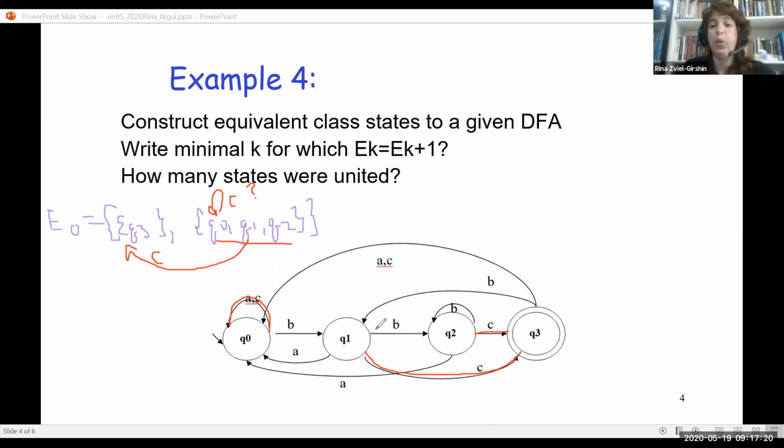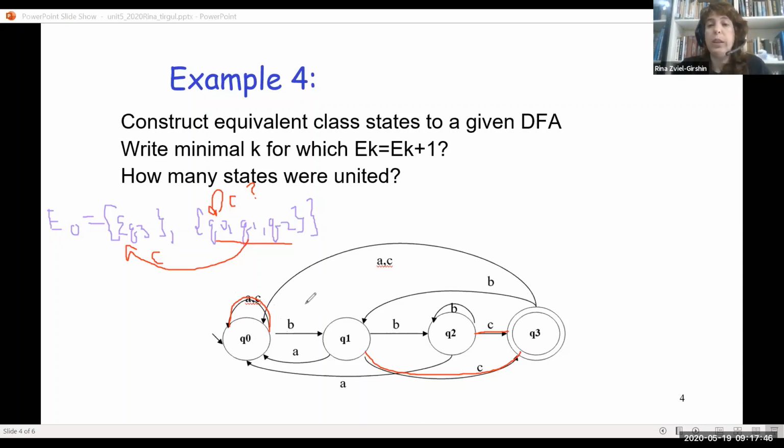So I can see that Q1 with B goes to Q2. Q2 with B stays at Q2. Q0 with B goes to Q1. So here we have the same behavior. Q0, Q1, and Q2 for the letter B stay in the same class, so I can't separate between them.